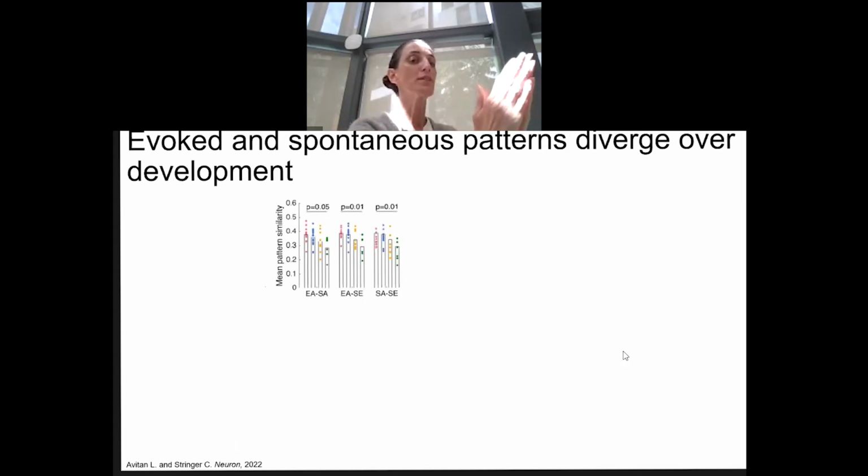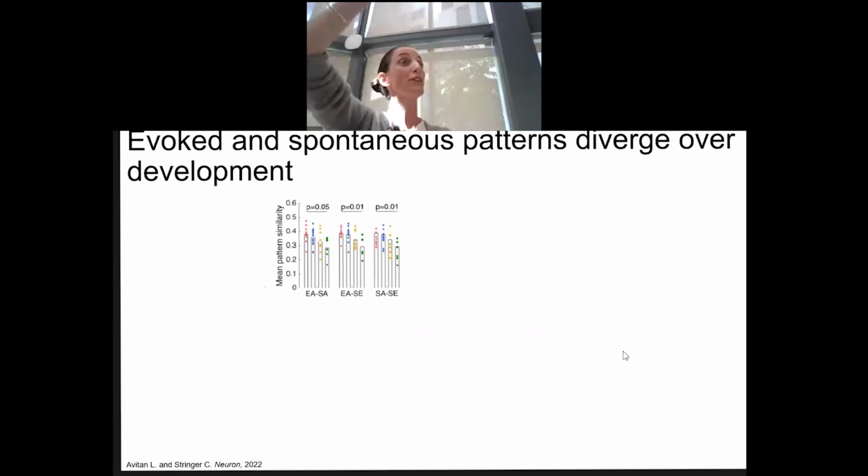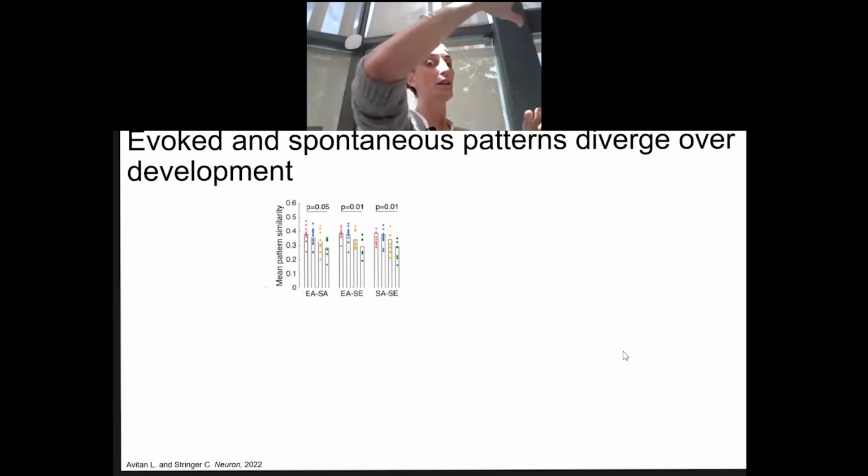We first looked at the similarity between these patterns. We have a vector of neuron identities, a 1 and 0 vector saying these are the neurons that were active here, and these are the neurons that were active spontaneously.